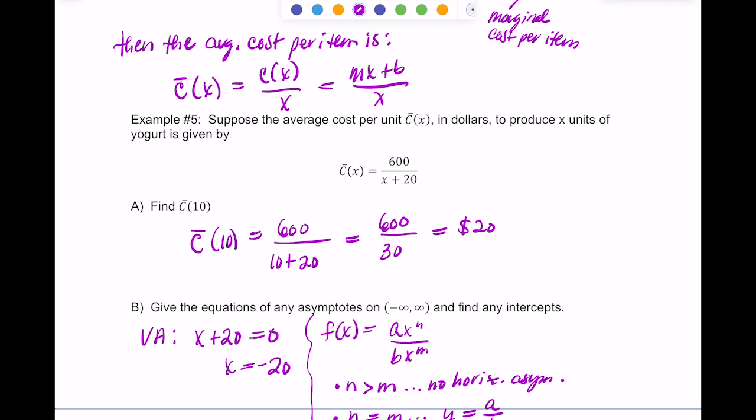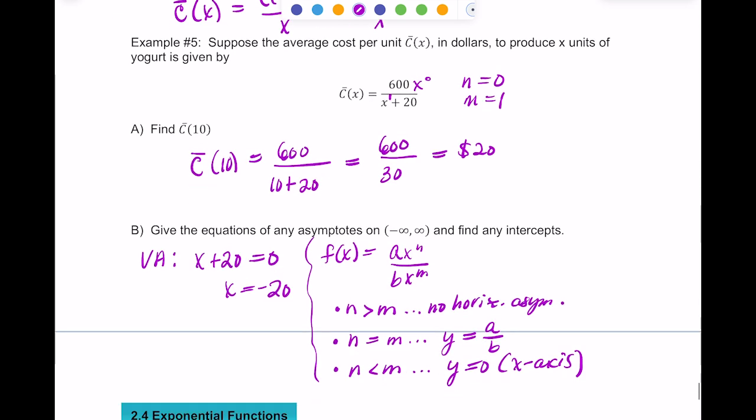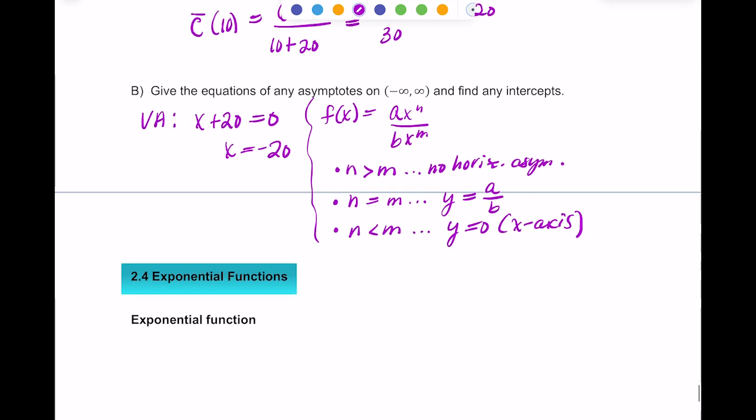You can attach 600 to x to the 0, because anything to the 0 power is 1. So that tells me that n is 0, and my degree down here is m, which is 1. Since the degree up top is smaller than the degree on the bottom, my horizontal asymptote is the x-axis. So for this problem, the horizontal asymptote is y equals 0.